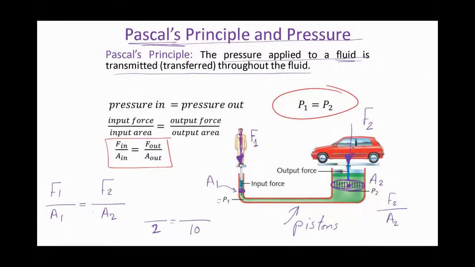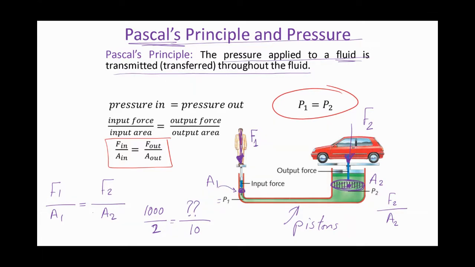Okay, so let's say this ratio. Let's make it 2 square meter, and let's make it 10 square meter. Let's say F1, the force F1 is 1000 Newton. So what is the force F2 that's needed to balance the first one?